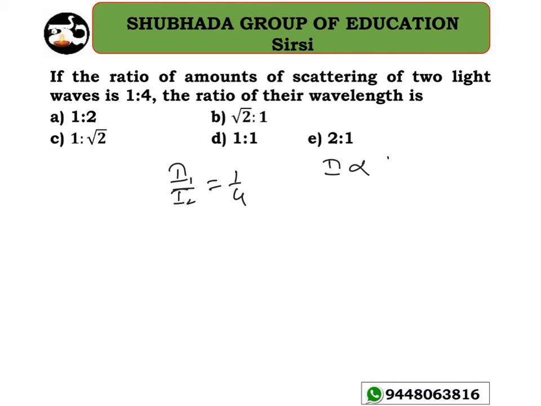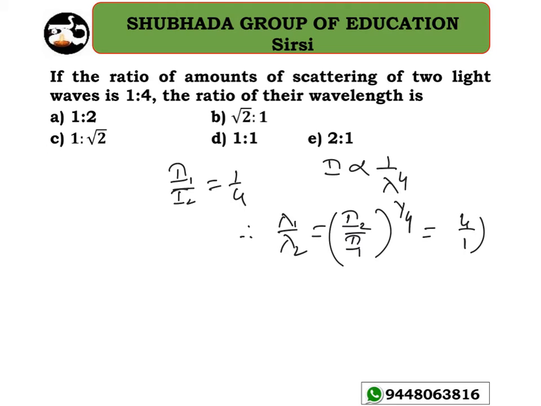As you know, I is inversely proportional to lambda to the power of 4, so lambda 1 divided by lambda 2 equals (I2 divided by I1) to the power of 1/4. That is 4 divided by 1 whole to the power of 1/4, which is root 2 divided by 1. Root 2 is to 1 is the right answer. Option B is the right answer for that.